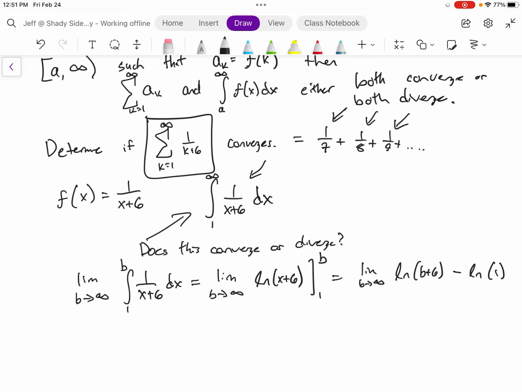I know we all know what this is, but it doesn't even matter, because this thing is going off to infinity, and this thing is certainly finite. So the limit doesn't exist, and this thing diverges. So therefore, so does that series. We can determine that the series diverges because of that.